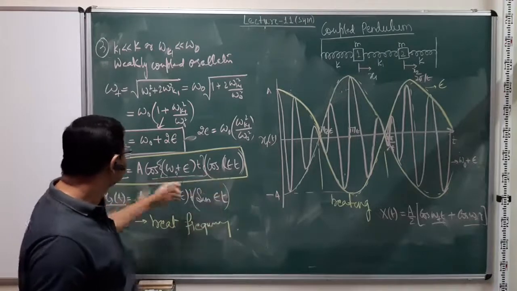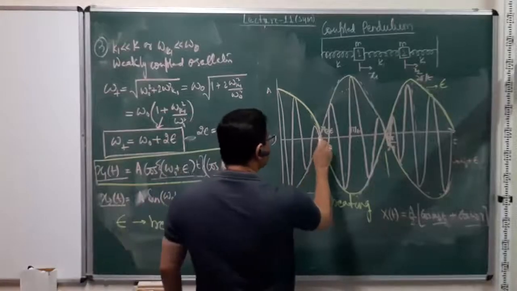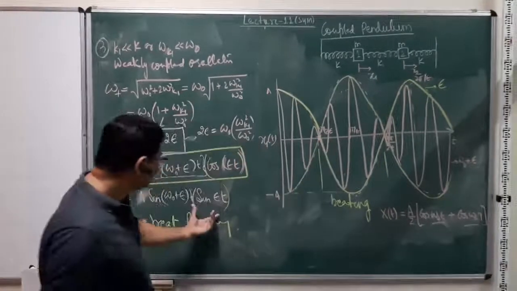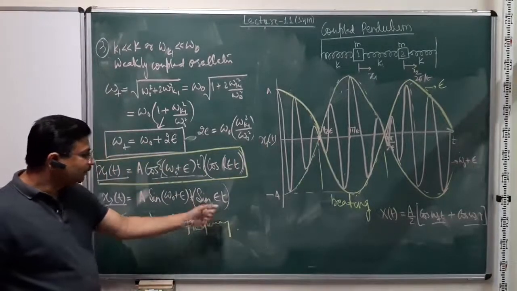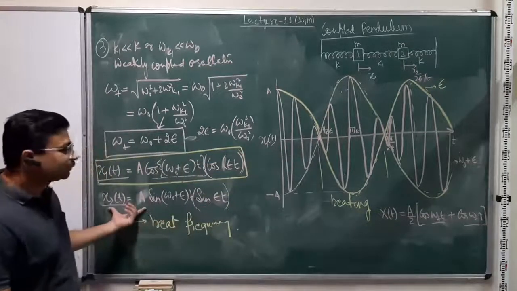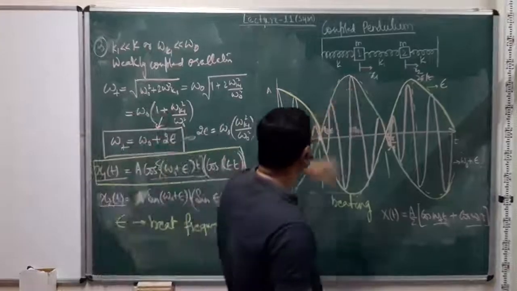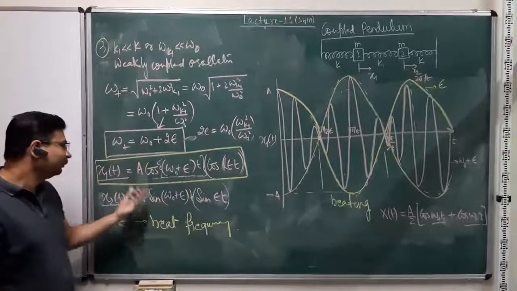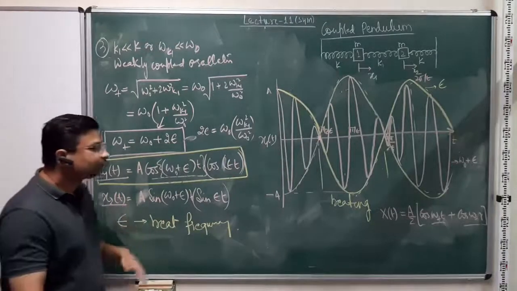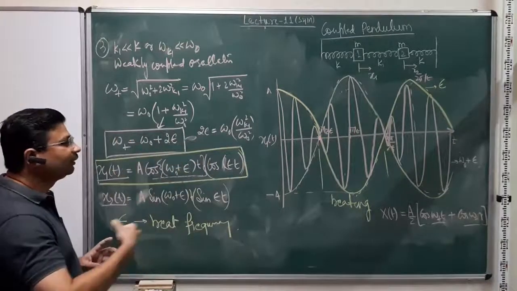So what you can see is, when the amplitude of x1 of t goes to 0, actually at that location, epsilon equal to pi by 2, the amplitude of x2 will be maximum, right? And similarly, when the amplitude of x1 is maximum, the amplitude of x2 will be minimum, right?